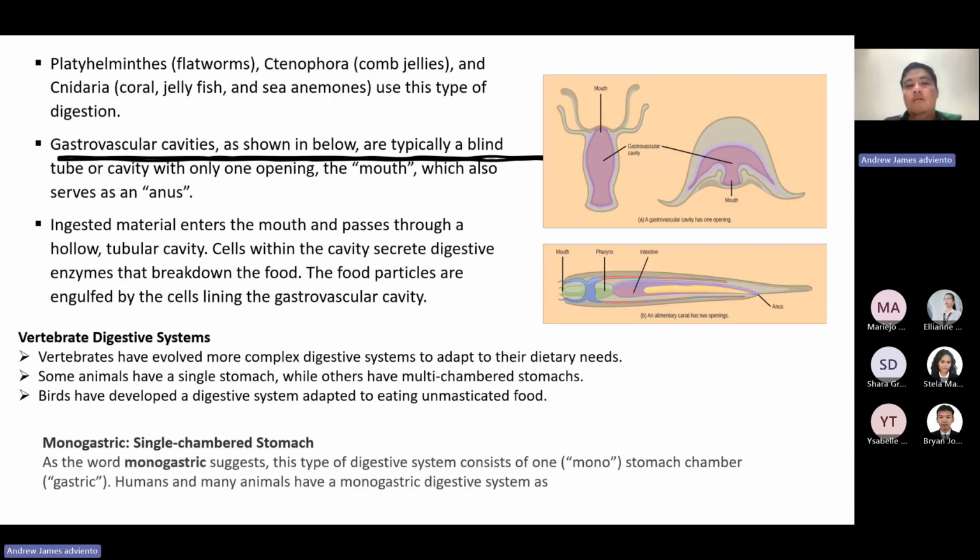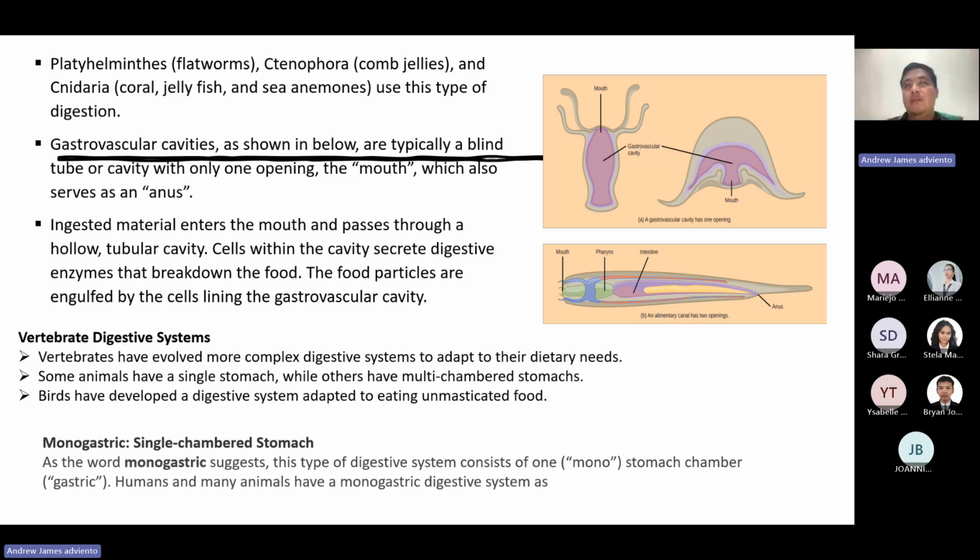Okay, now there are organisms that have one gastrovascular cavity. These are the organisms that have only one opening. So their mouth is also their anus. Their mouth is where they eat the food, and it's also their anus.